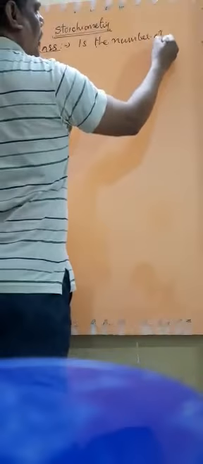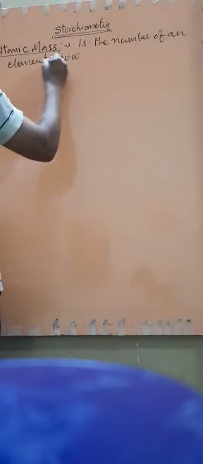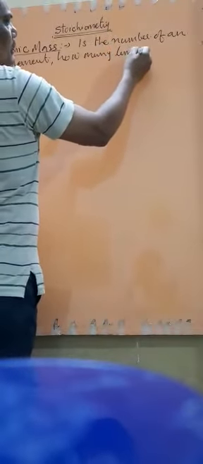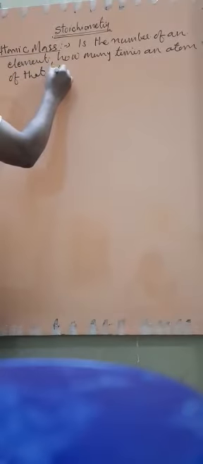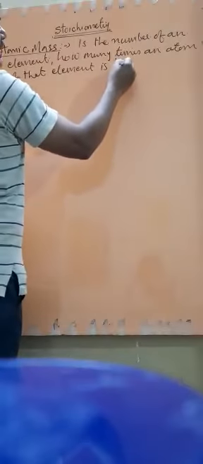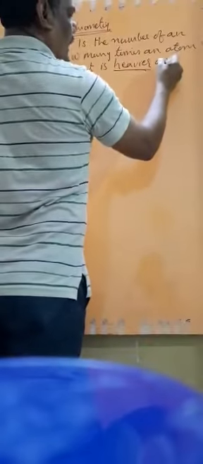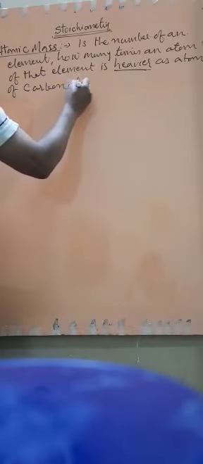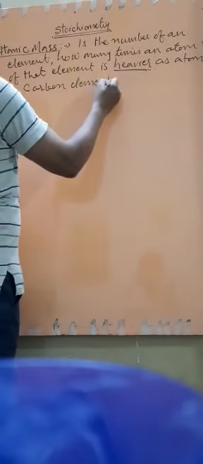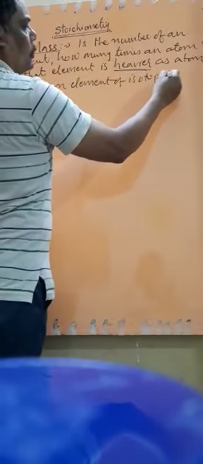Now what is the meaning of atomic mass? Atomic mass is the number of an element that tells how many times an atom of that element is heavier than an atom of the carbon element of isotope 12.